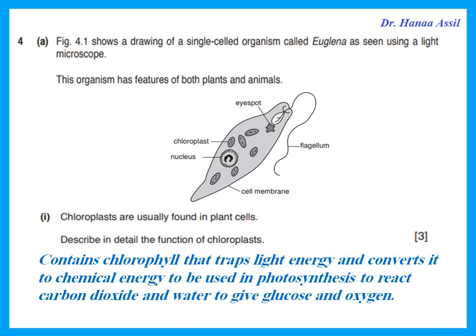You should realize that the chloroplast contains chlorophyll. Chlorophyll traps light energy and converts it to chemical energy to be used in photosynthesis to react carbon dioxide and water to give glucose and oxygen. So that's the function of chloroplasts.